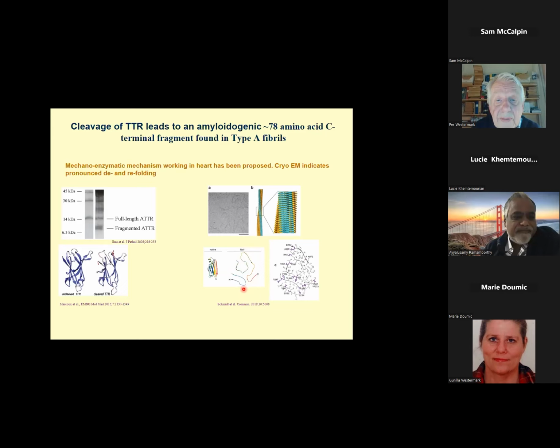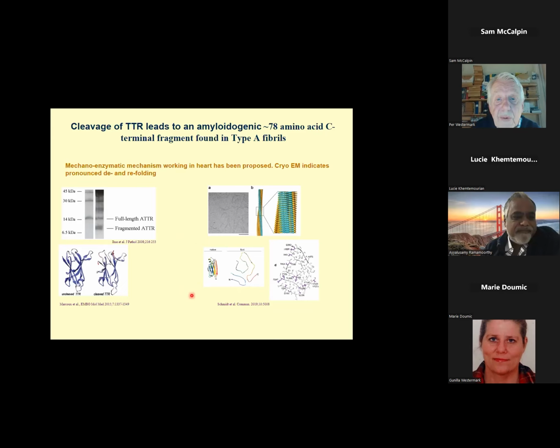And another thing that was surprising in this cryo-EM is that it seems also to be the N-terminal part of the TTR molecule present, which indicates that you have the cleavage after that the amyloid form has been performed. It's a bit difficult to get these two things together, and I think that the future will show what the real truth is here. And more studies are, of course, important.